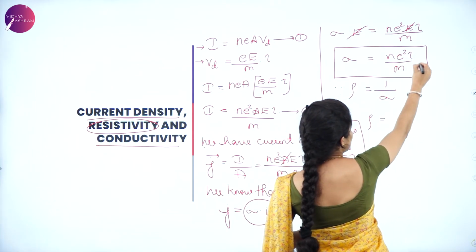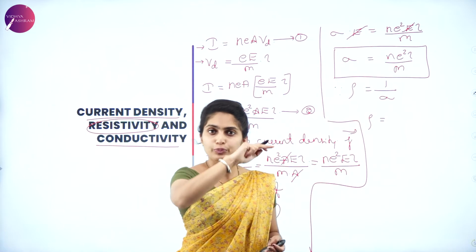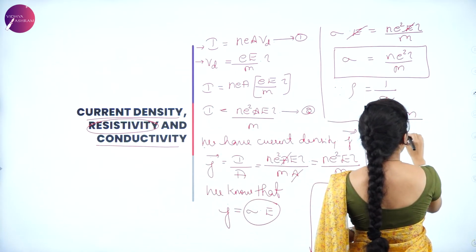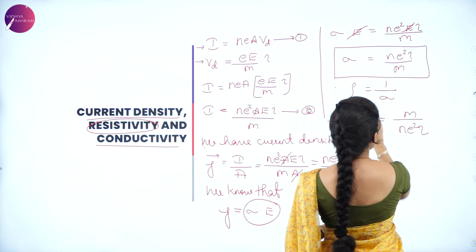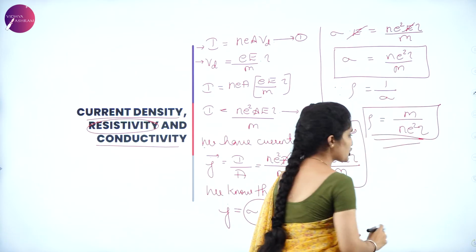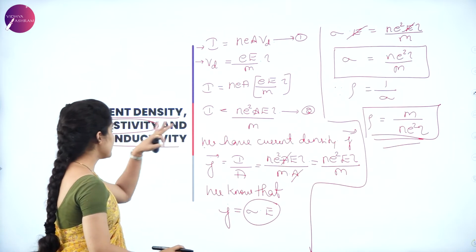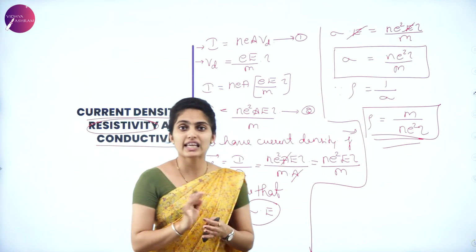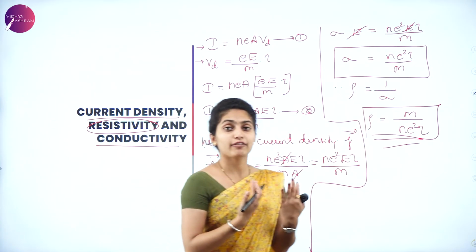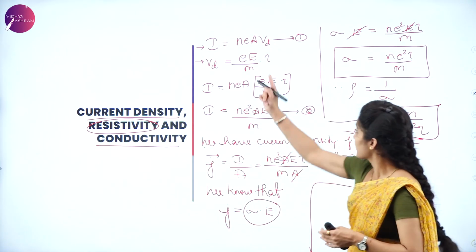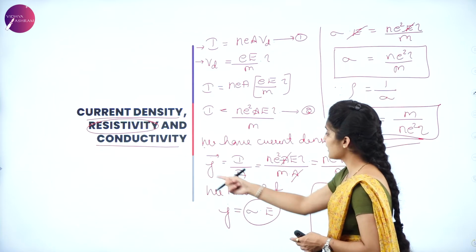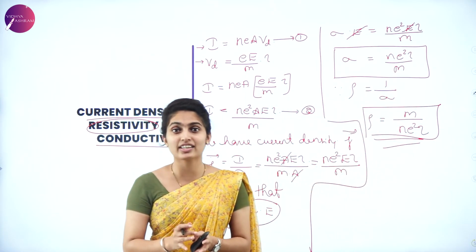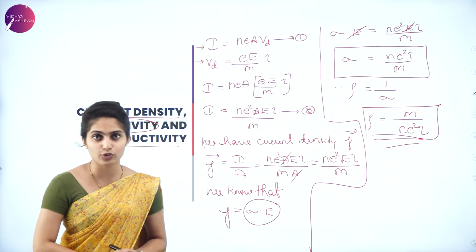All denominators will go to numerators, all numerators will come back to denominators. So it will be m divided by n e square tau, which is the relation between current density, resistivity and conductivity shown with the help of these equations, where we are playing the game with current, drift velocity, current density, conductivity and resistivity. And the game is very tricky and very easy also if you learn it.